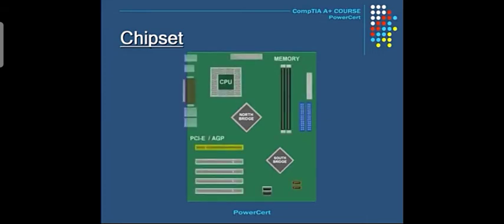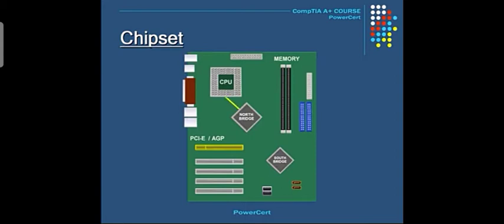The chipset basically consists of two chips. One is called the North Bridge, and the other is called the South Bridge. The North Bridge is located in the upper, or northern, part of the motherboard, providing you're looking at the motherboard in the upright position. It's located near the CPU and is directly connected to the CPU.